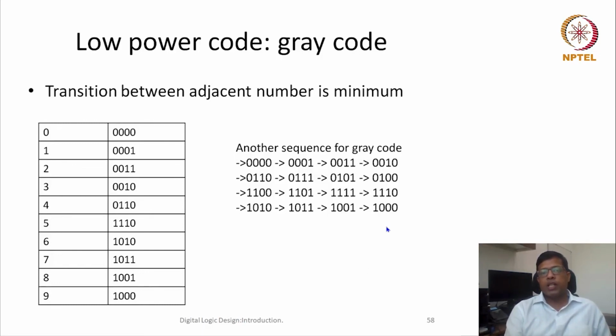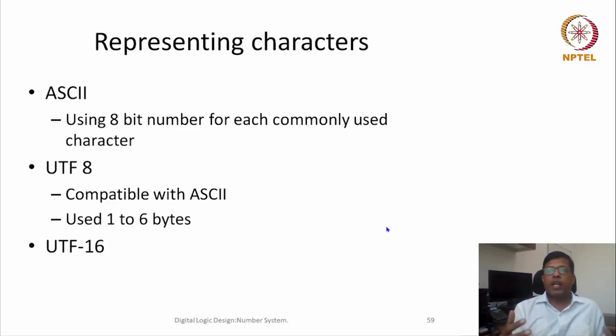So with this, we now know how different representations could exist. Now let us answer one more question: what if I don't want to only represent numbers, but I would also like to represent characters like A, B, C, or even special characters like percentage, ampersand, plus, or minus?